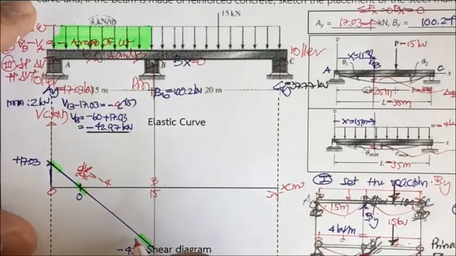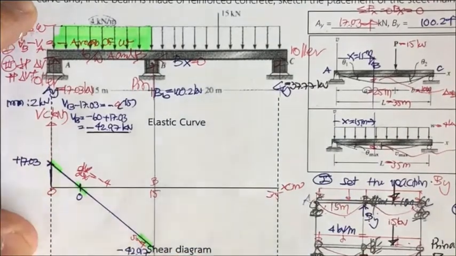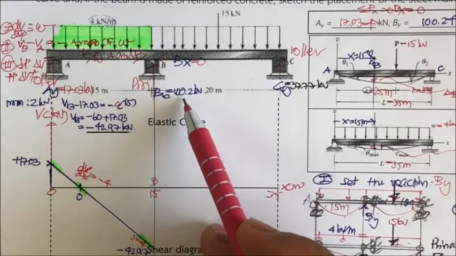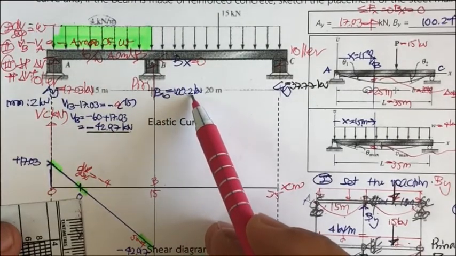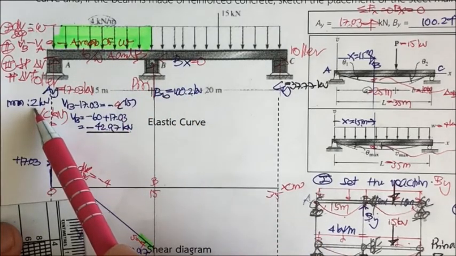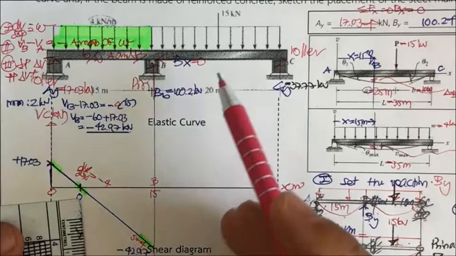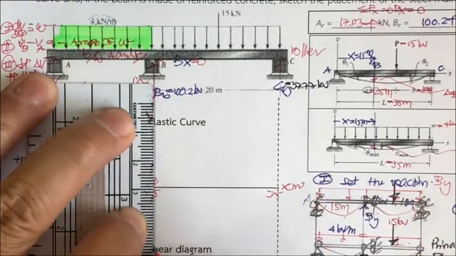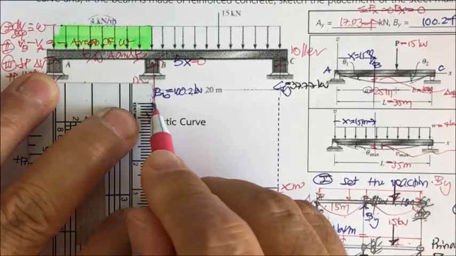Put this one there. Okay, and then you arrive here. This is 100.2. So this is going to be 50 millimeter. So this one going to put something like this.